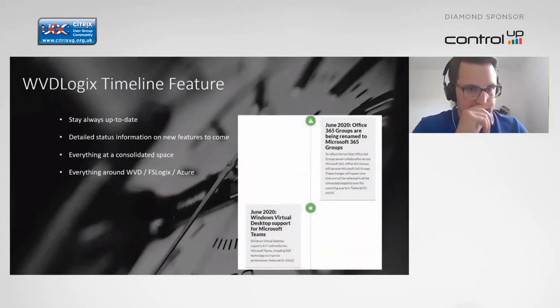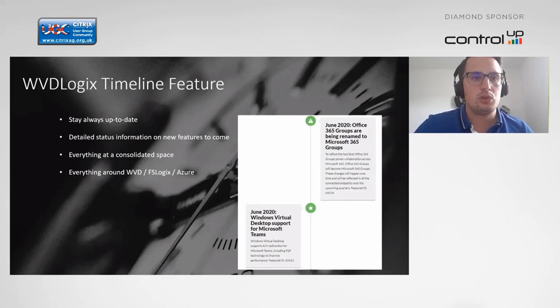And last but not least, because a lot of people ask me, how do you know about the latest versions and how do you stay up to date with that? As I'm investing a lot of time in WVD and all the ecosystem and components and other vendors which are developing for WVD, I've created a small project called the timeline feature to let you stay up to date as well, get detailed status information on WVD, and everything in a consolidated space.